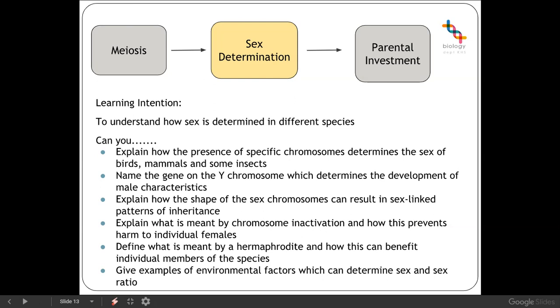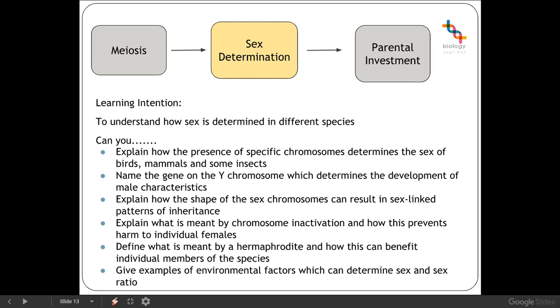That the shape of the sex chromosomes as a result of the Y chromosome being a lot smaller can result in sex-linked patterns of inheritance, as males do not have an extra copy of some of the genes present on the X chromosome. That chromosome inactivation occurs in individual female cells and occurs to let specific chromosomes, X chromosomes, be inactivated in each cell.